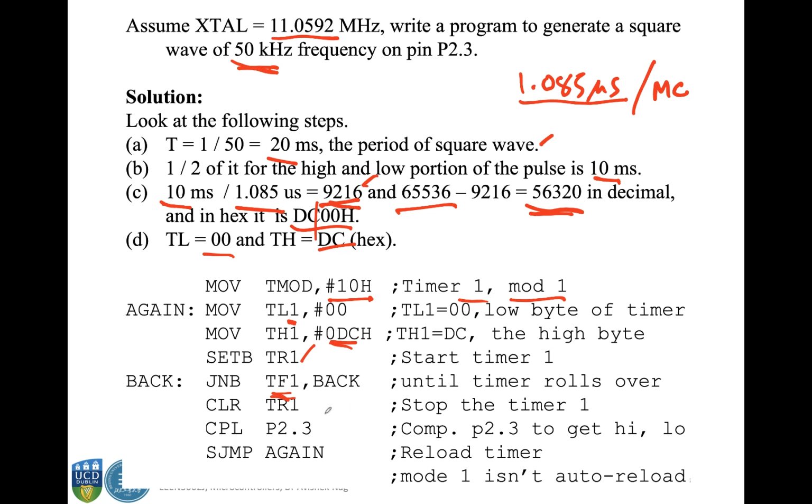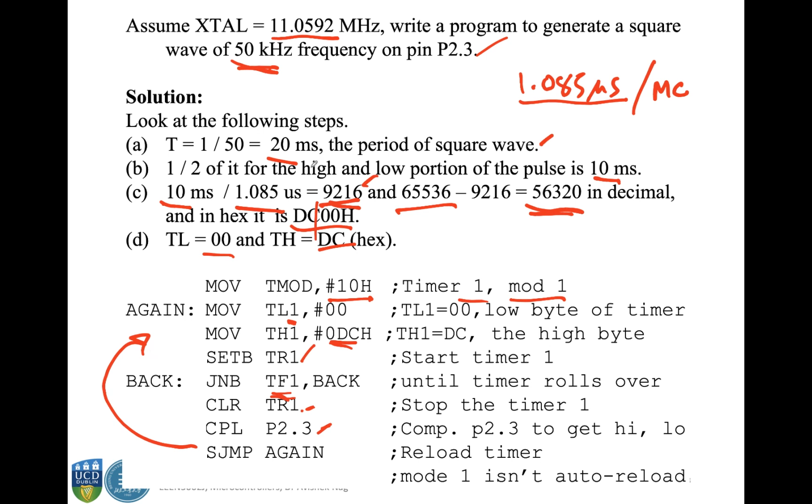Once it rolls over, you clear TR1, which means you stop the timer. You complement the pin 2.3 where your square wave output should be shown, and then you repeat the entire operation, okay? So you can do the same thing with timer 0 also.